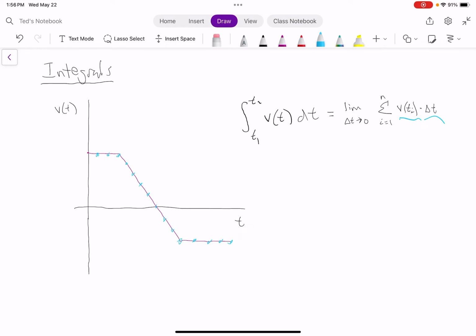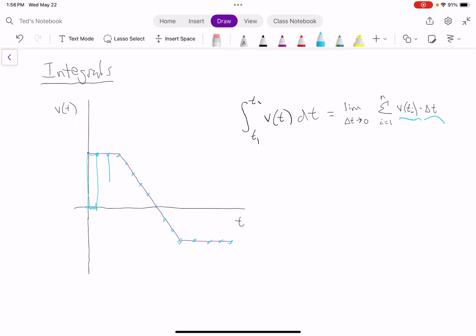So if I take the value of the function here and multiply it by delta t, the time step between each of these points, that gives me the area of this rectangle.